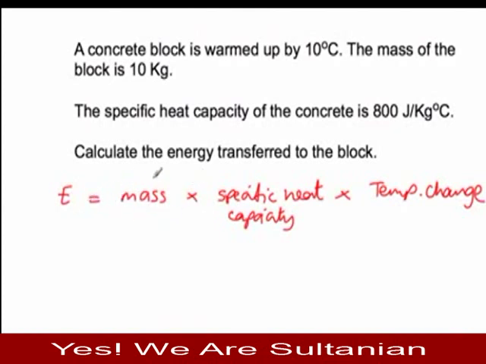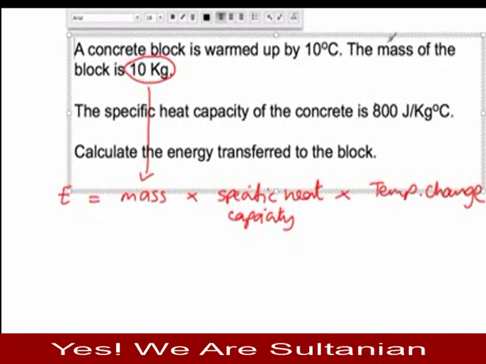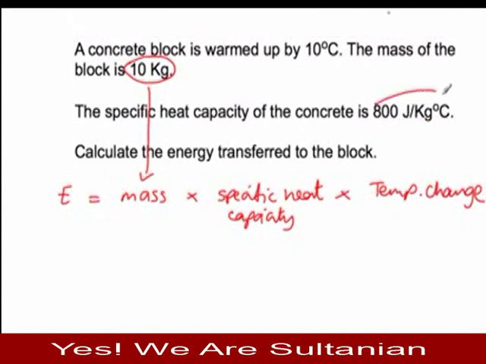Now in terms of the mass, where do we have the mass? Well, that's right here. It's in kilograms, so the mass goes in there in the formula. Specific heat capacity tells you here the specific heat capacity is 800. So that goes in there. And the temperature change, well, the block is warmed up by 10 degrees, so that's the temperature change right there. So it's just a question of putting numbers into the formula.